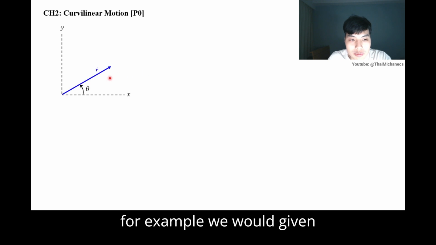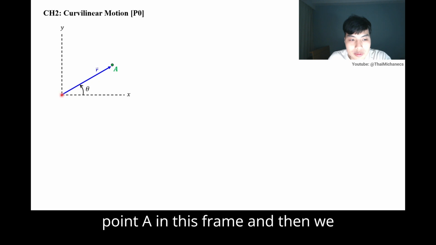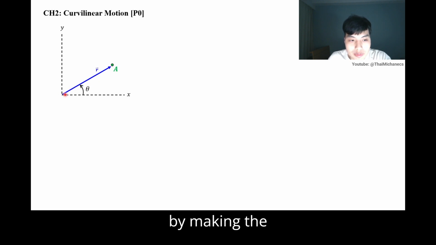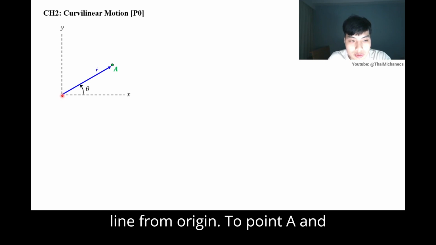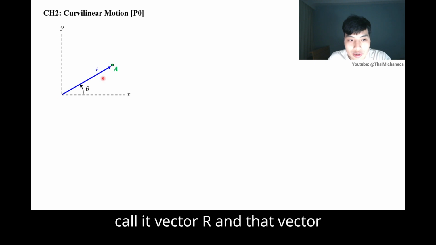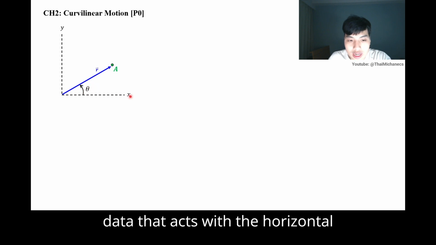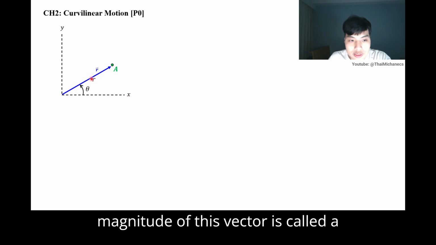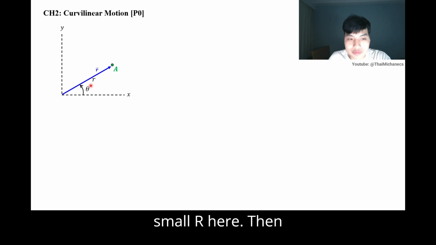For example, we are given point A in this frame, and we assign the location of point A by making a line from the origin to point A and calling it vector r. That vector r has an angle theta with the horizontal axis, and the magnitude of this vector is called a small r here.